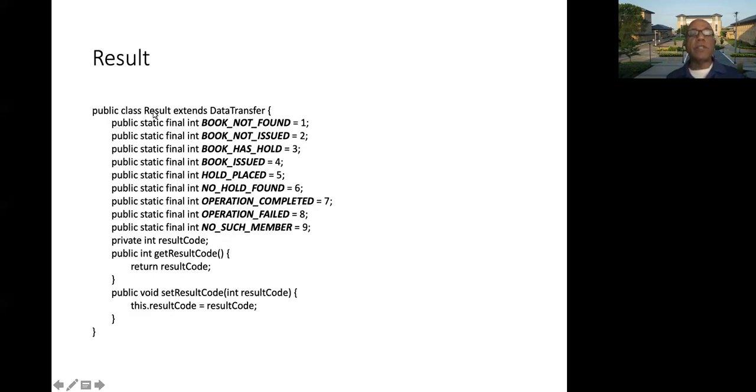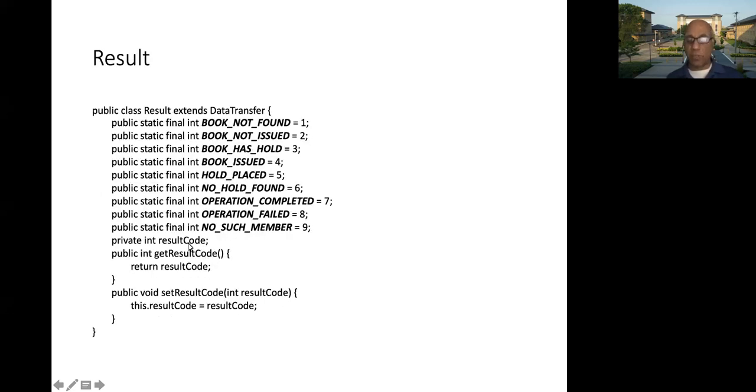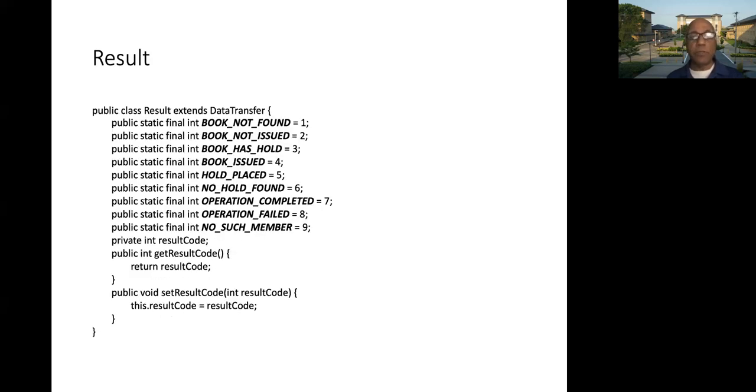Similarly, for data transfer, there will be getter and setter for every field. And you can see that result extends data transfer. So every result object will have all these fields plus the result code. So if you want to return, for example, the name of a book, you will have the result code having a value that says operation completed, and the book title will have the corresponding name or title of the book.